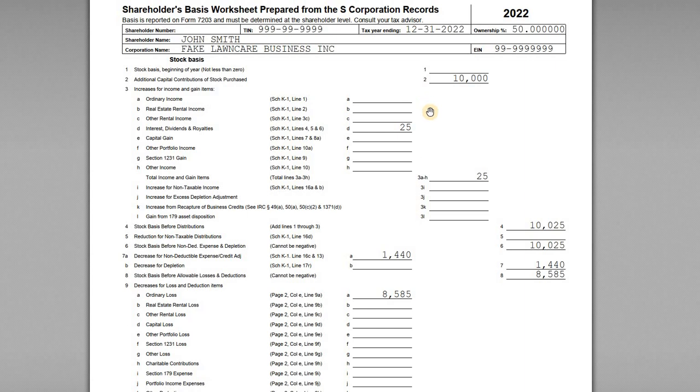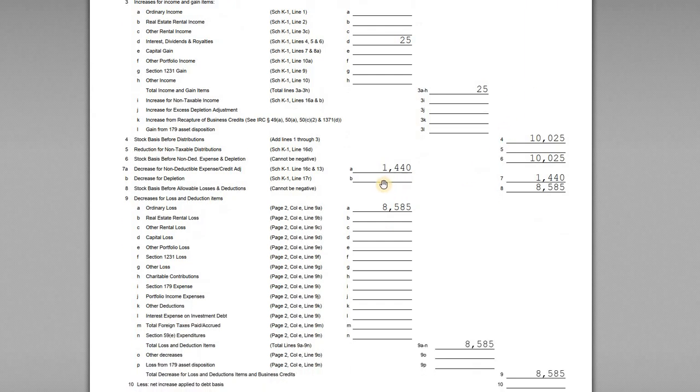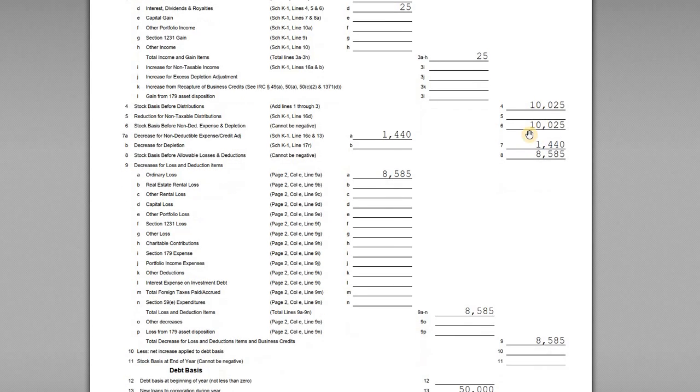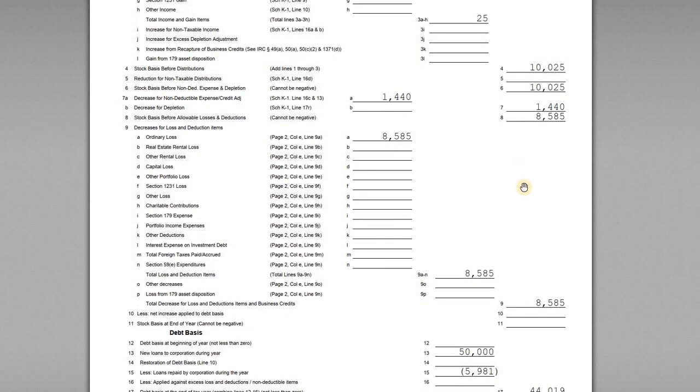There's the $10,000. It's increased by positive amounts of income, right? So there's the $25 in interest and dividends. It's reduced by non-deductible expenses. So $10,025 is the amount before accounting for these $1,440 in non-deductibles. So his basis before factoring in losses and other deduction items is $8,585.